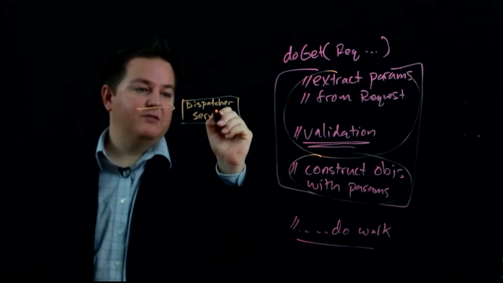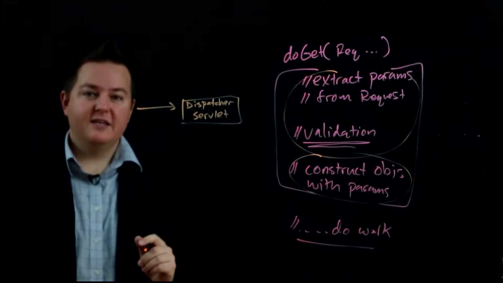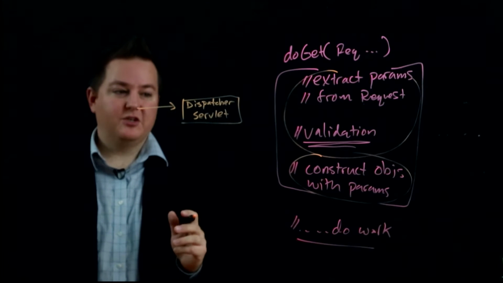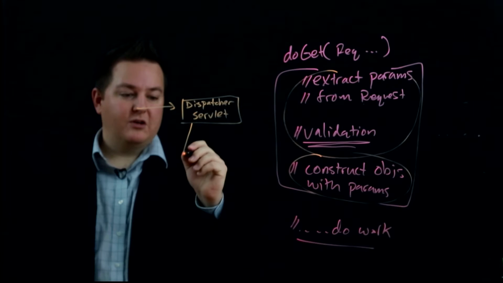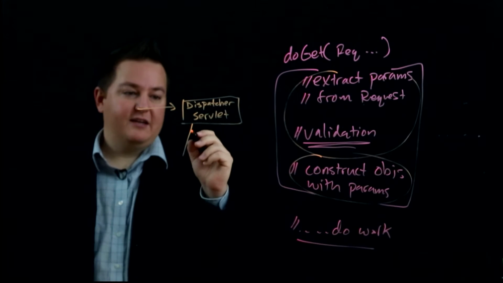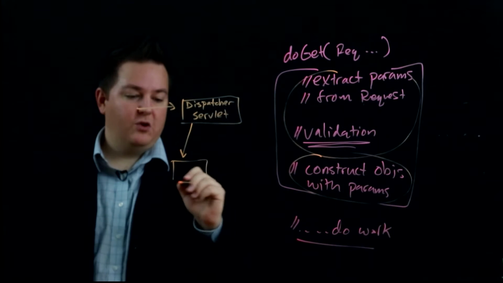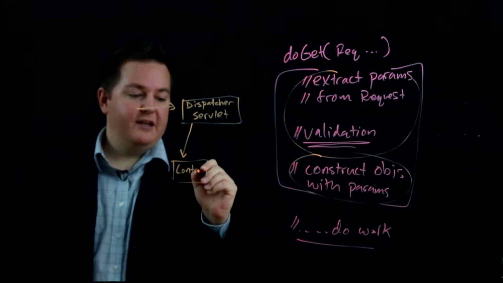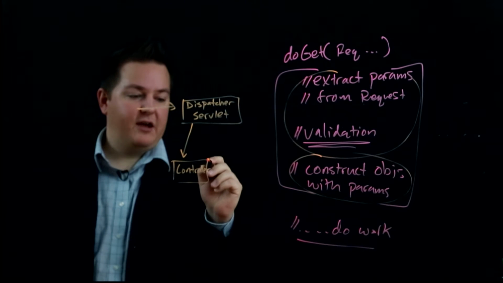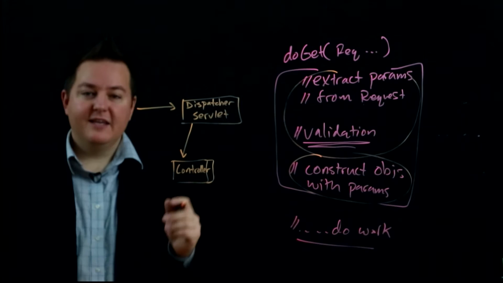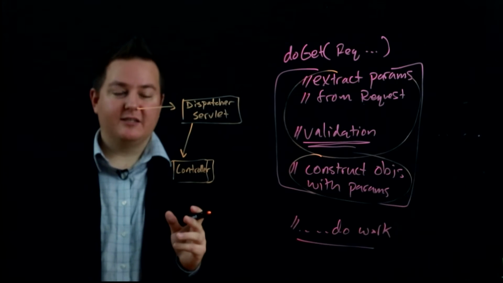And what this servlet does is it allows us to register one or more controllers with it. So we have one or more controllers, and again, these are just plain Java objects that can handle HTTP requests.